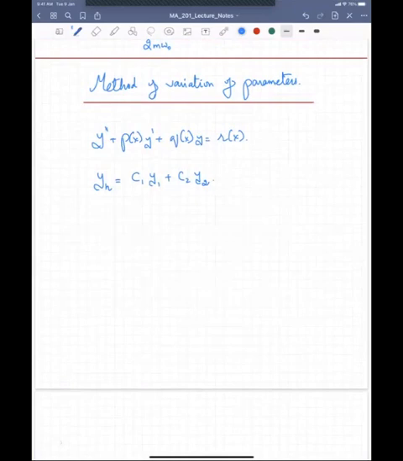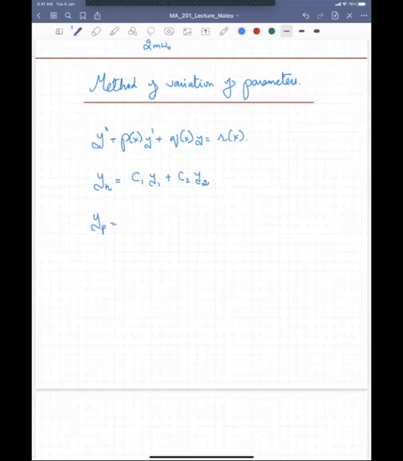Just as you said that the second solution is some function times the first solution in the case where you knew only one of the two linearly independent solutions.